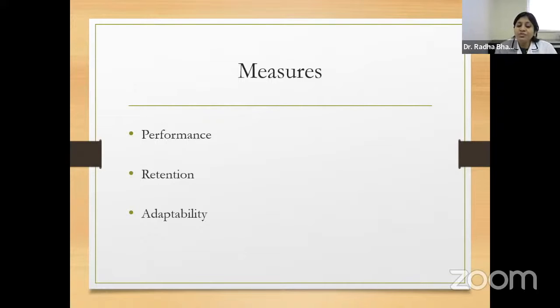We as therapists must have experienced this many times, that the relatives or the patient say I am able to do it here, but when I go back home I am not able to do it. Or the patient's relative says they do it here, but after going home they are not doing it. There is no retention.